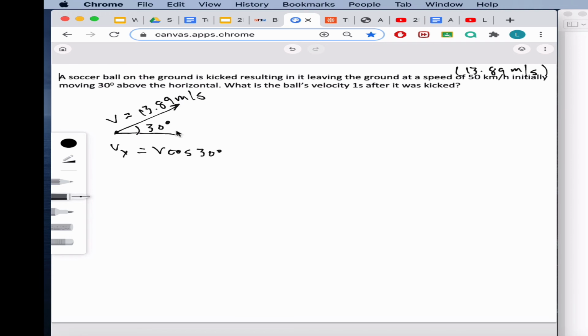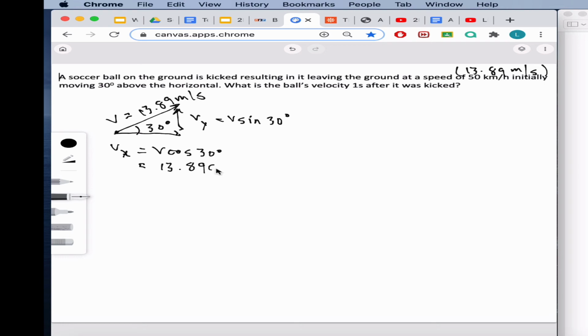We know already now how to break a vector into its x and y components using our trig functions. The x component is equal to the hypotenuse v times the cosine of 30 degrees. And the vertical component is equal to the hypotenuse times the sine of 30 degrees.